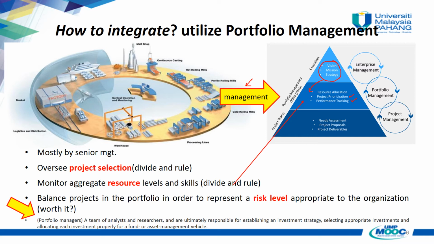So who is allocated at this management level? They are mostly senior management. They will oversee the project selection by means of divide and rule of all man, machine, material, methods, and they will at their best monitor the aggregate resource levels and skills.